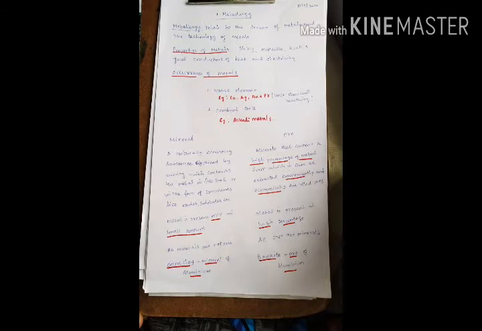From the ore only we extract the metal by simple methods, and it is economically very good for obtaining the metal, since the percentage of metal in the ore is high. Simply we say all minerals are not ores, but all ores are minerals.